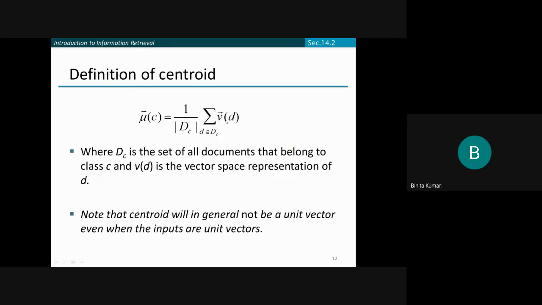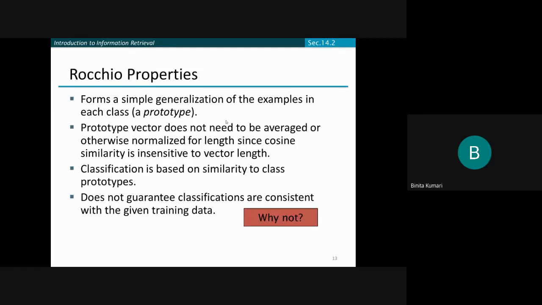You need to remember that whenever we are generating centroids, those centroids are not unit vectors, whereas the inputs which we give are unit vectors. Centroids cannot be converted to unit vectors.